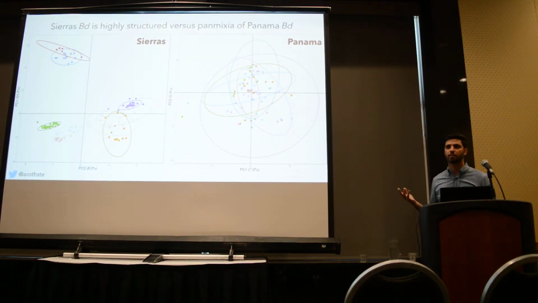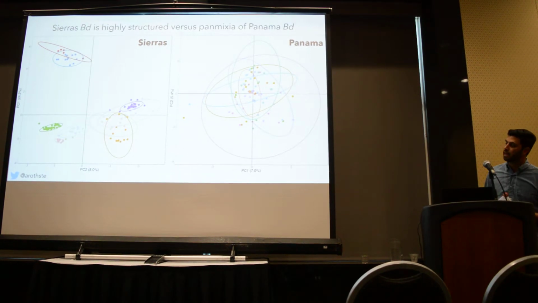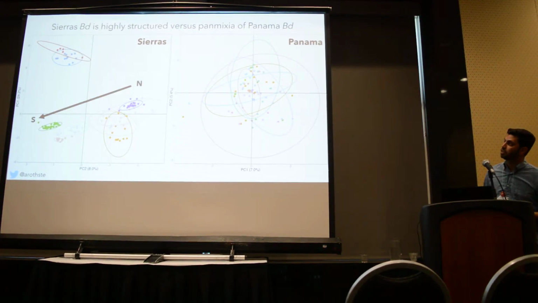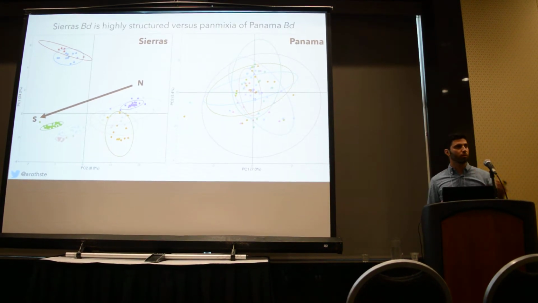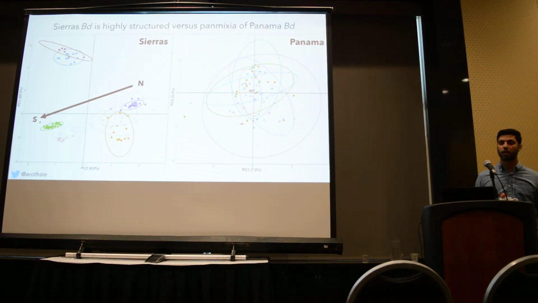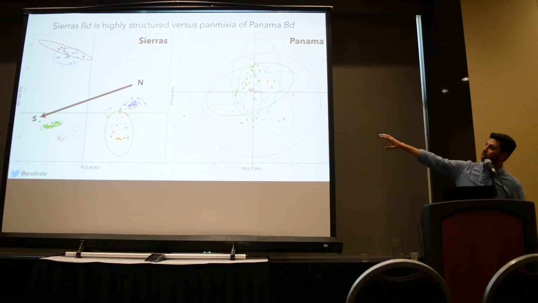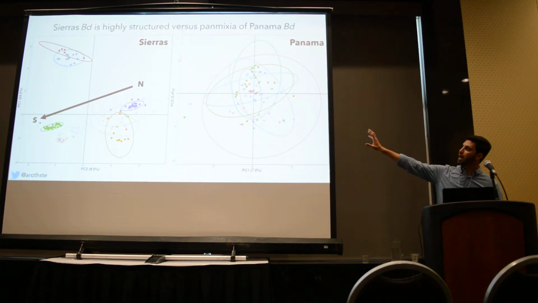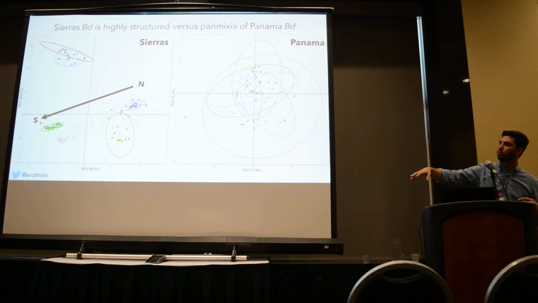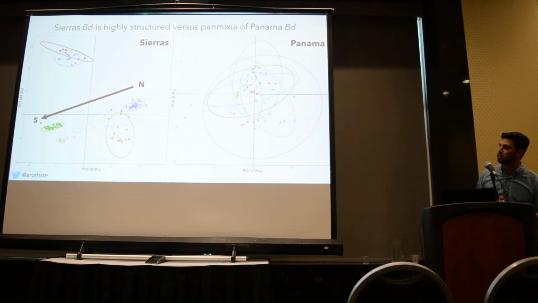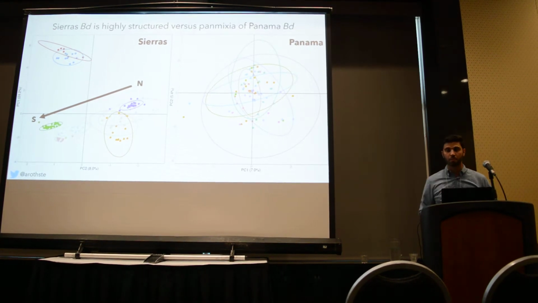And again, this is at the same similar spatial scale. And in fact, across the Sierras, we have patterns of isolation by distance going from north to south across our study area. So the purpley dots and sites are in the northern parts of our study section, and then all the way down to the south are in the green and some of the pinks.